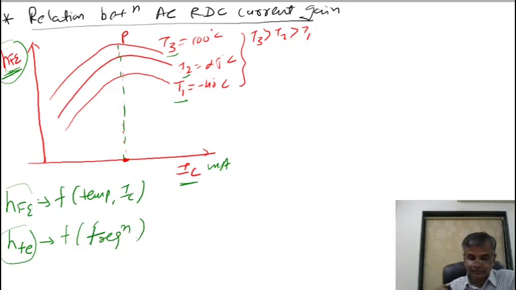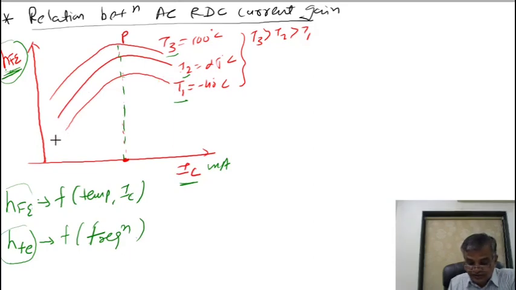Now, on the left hand side of the point P, let us make some conclusion from this graph. On the left hand side of the point P, you can see the variation in the collector current is more. On the right hand side, the variation in collector current is less.